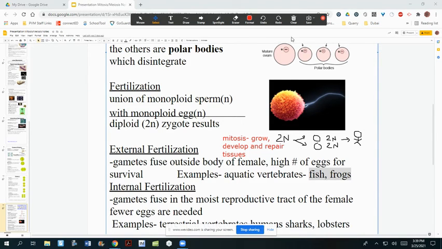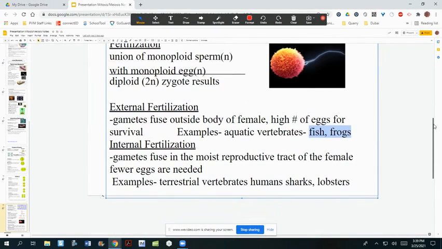Now, moving onward, fertilization can occur in different places. In humans, fertilization occurs internally, typically in the fallopian tubes, or oviducts. But some organisms do external fertilization. That means they have to lay eggs outside of their body.